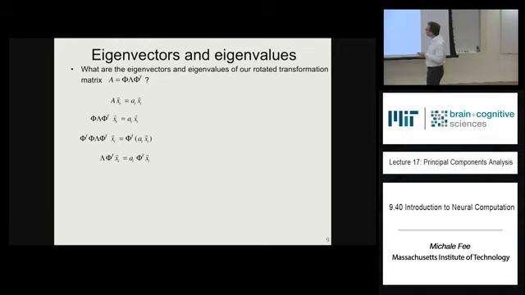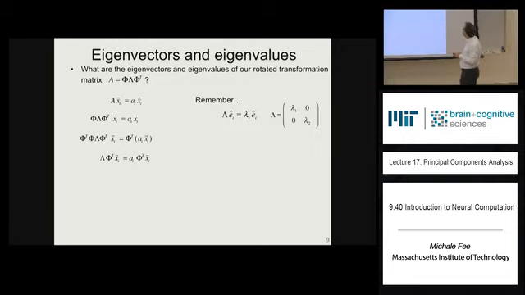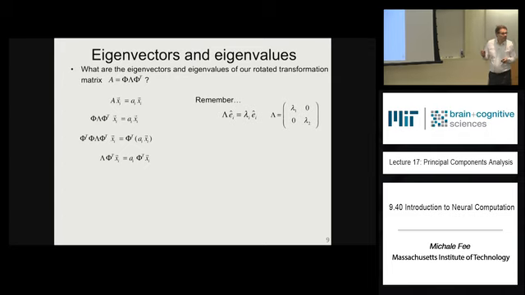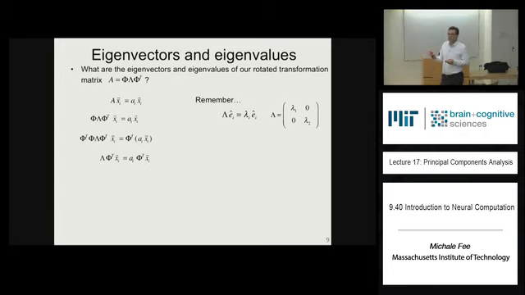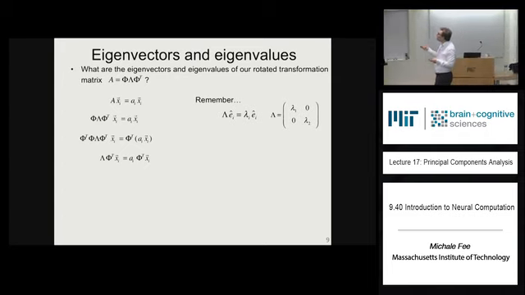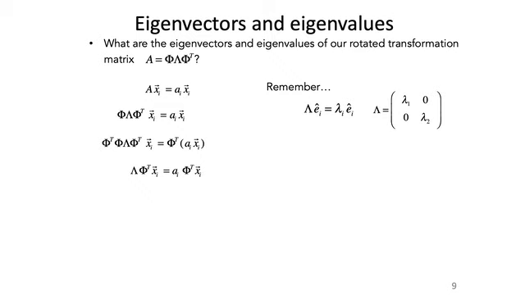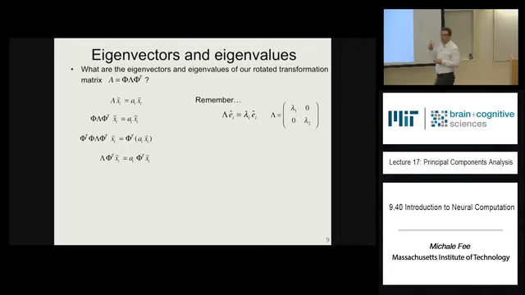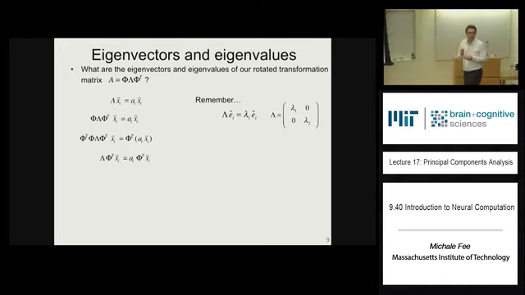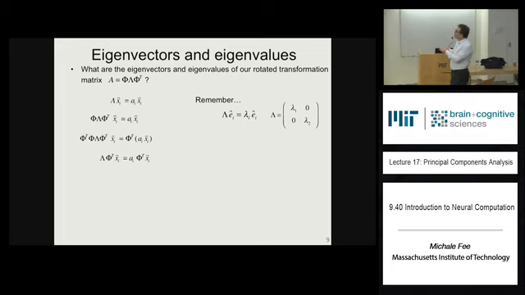Okay. So remember that we just wrote down that if we have a diagonal matrix lambda, the eigenvectors are the standard basis vectors, right? So what does that mean?